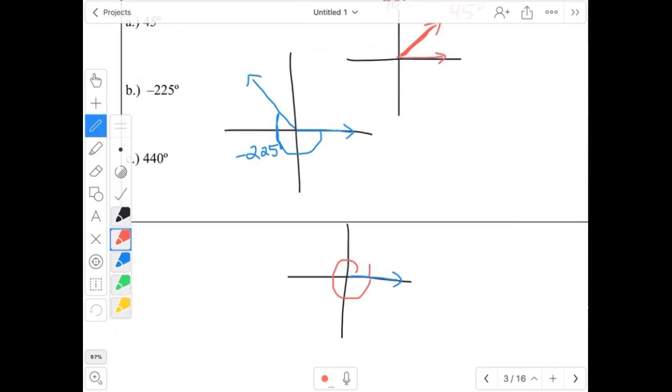So I'm going to do my best just to get a little less than 90 degrees there. So that would be how we would do each of those. So we have just a positive angle, we have a negative angle, and we have an angle that's greater than 360 degrees.